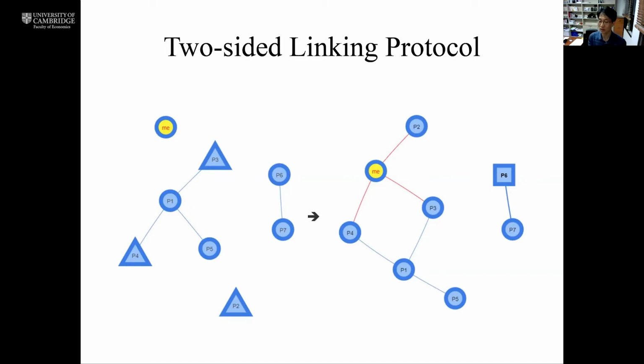If I accept their link proposal, then we move to the right-hand side of the screen, and the link is created. Also, I made a link proposal to player 6, so that player has a square shape. So these are the protocols that we adopted in our experiment.